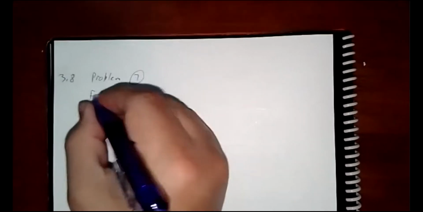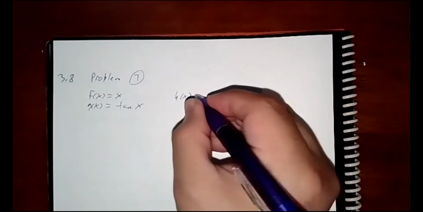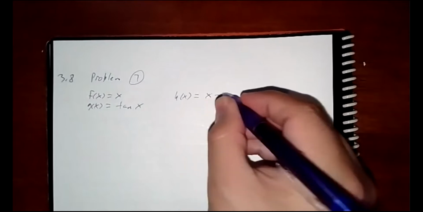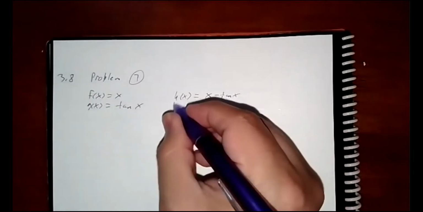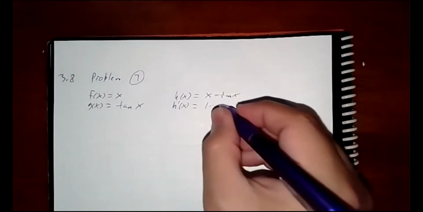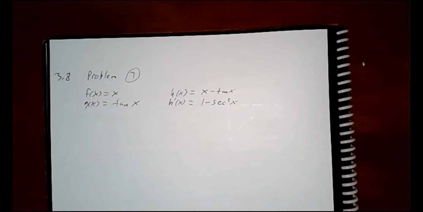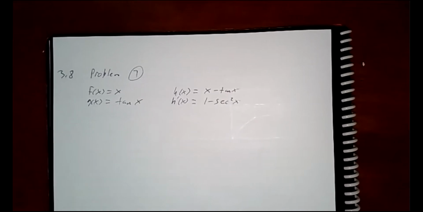So they give us f of x equal to x and g of x equal to tan x. So h is going to be the difference, so x minus tan x, right? The derivative will be 1 minus secant squared x. Now choose a number. I was thinking maybe pi or something a little bigger.